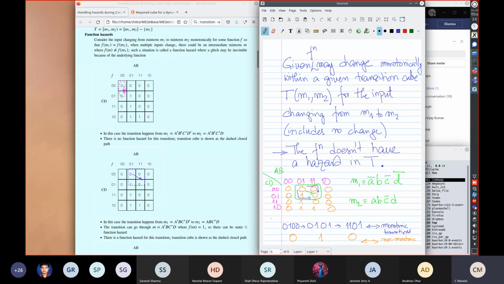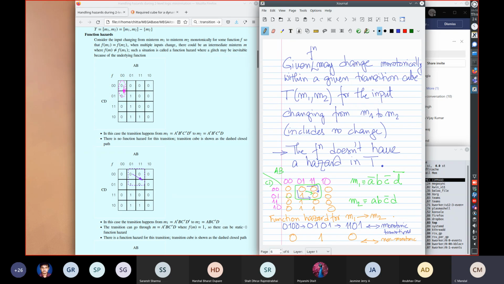So this is a function hazard. So if your function itself has a hazard, then there is nothing you can do about it. All right.